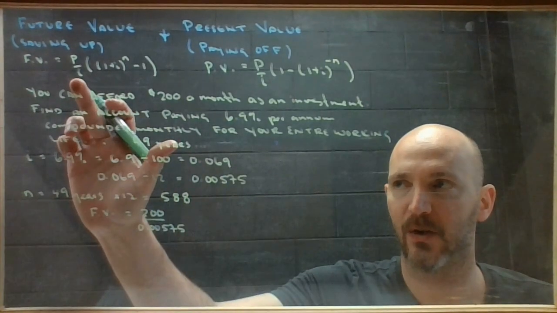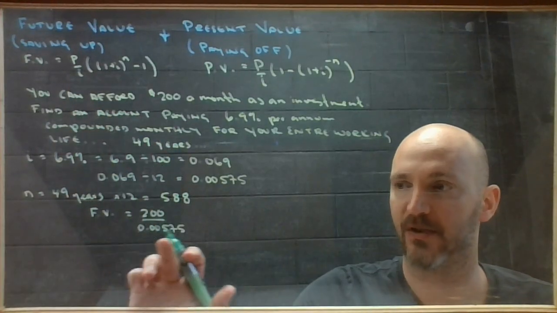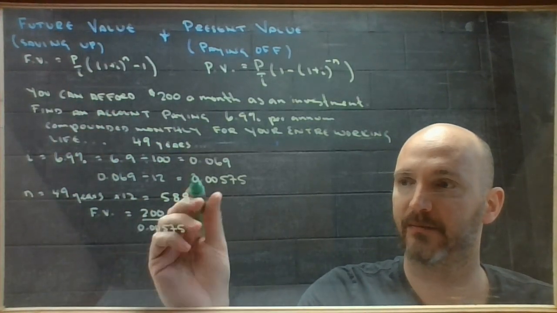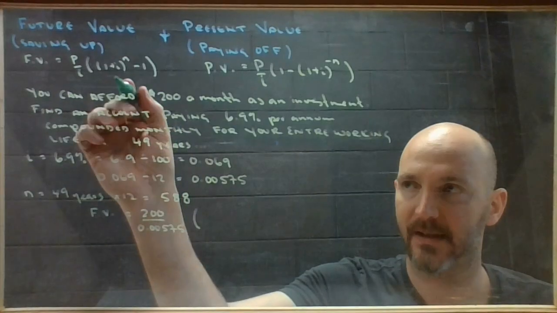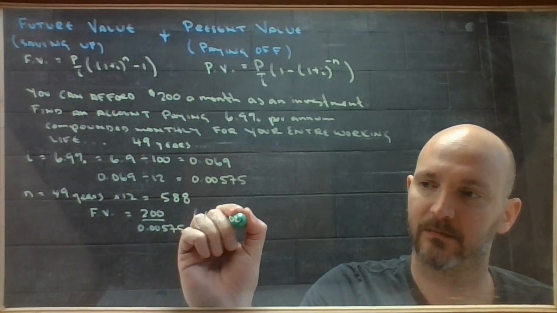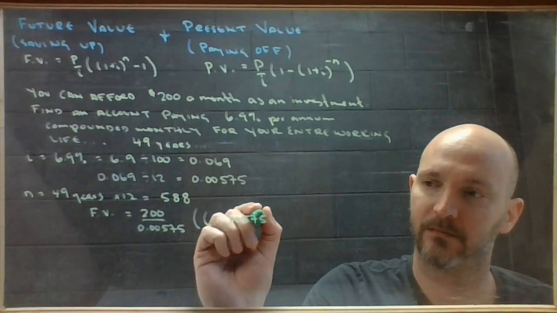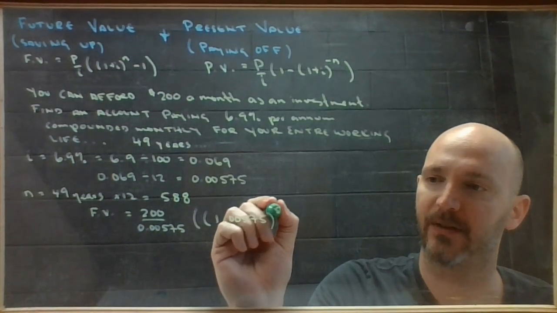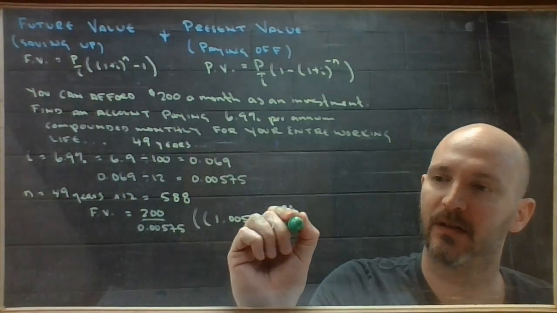Notice that there's no 1 plus here. It's just the interest rate. This is where the 1 plus happens, to the exponent 588, subtract 1.